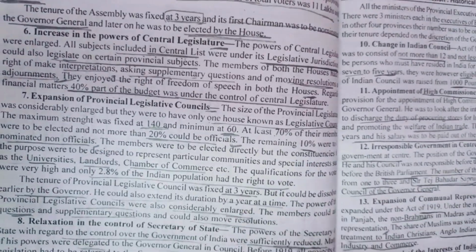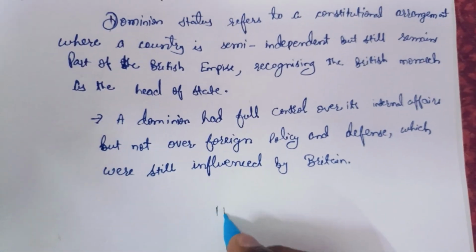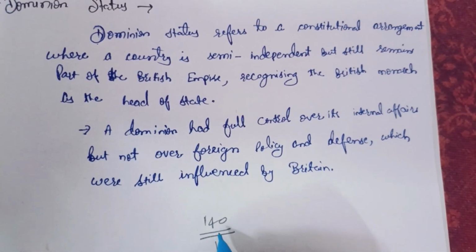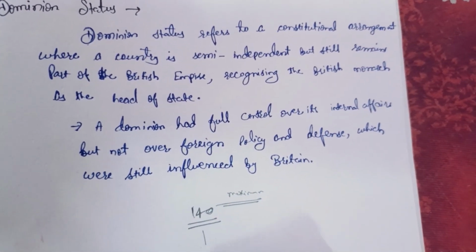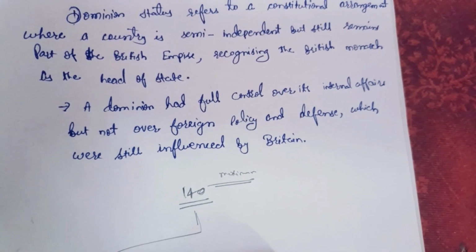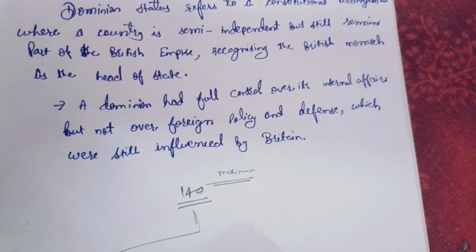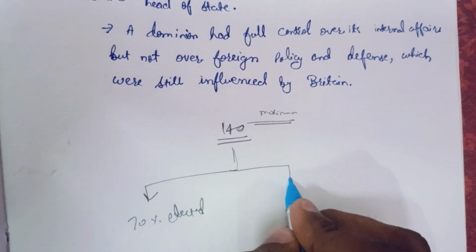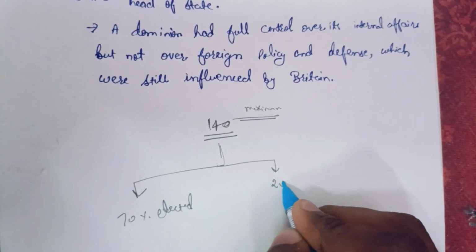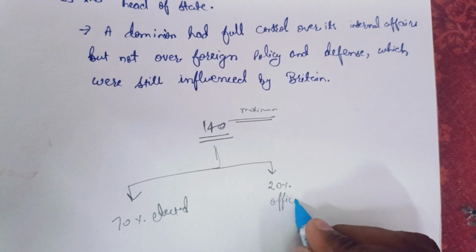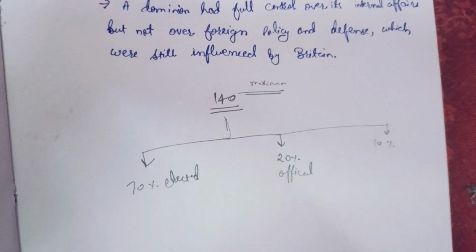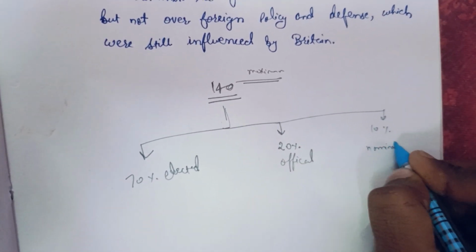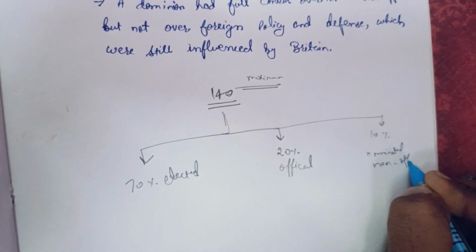So if we consider 140 as the maximum number of members in the provincial legislative council, 70% were to be elected, 20% were to be official, and 10% were to be nominated non-official.